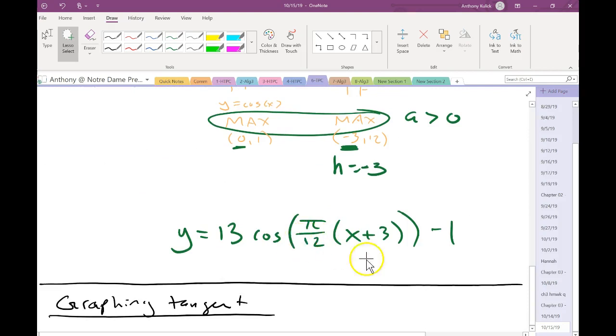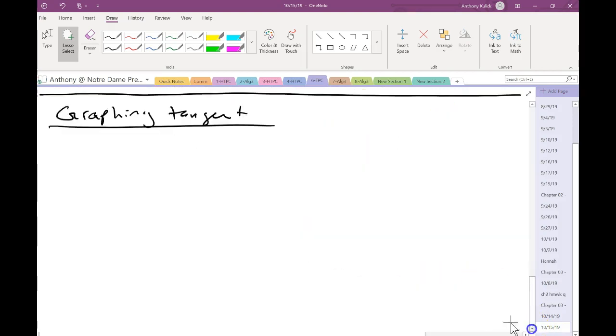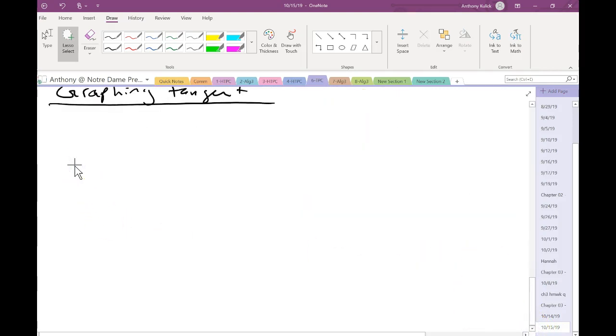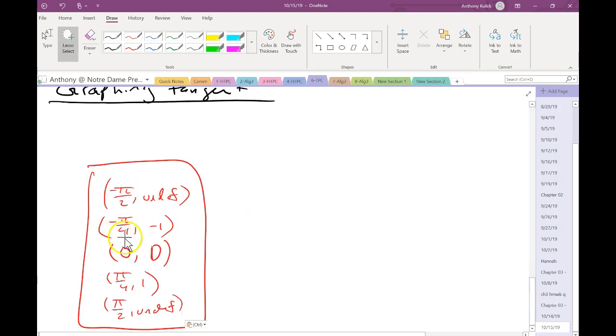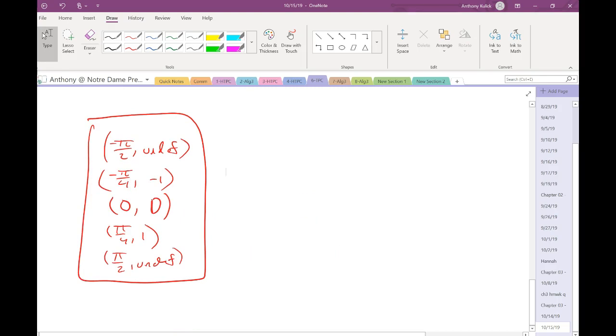Let's go and stick this back with our notes. Those are the key points for tangent.